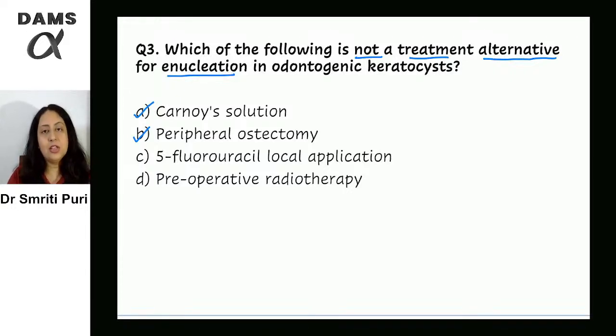Now remains option C and option D. Out of option C and D, we can use 5-fluorouracil topical application. It is used in the same way as Carnoy solution. Once you have enucleated the entire cyst, when you are left with the hollow bony cavity, you take 5-fluorouracil on a gauze or a cotton pellet and you apply it to the surgical cavity in the same way as you apply your Carnoy solution.